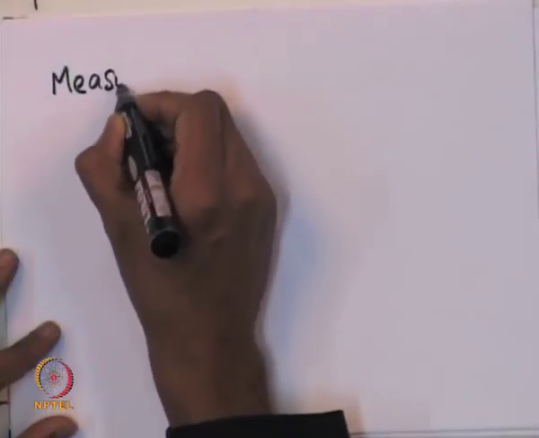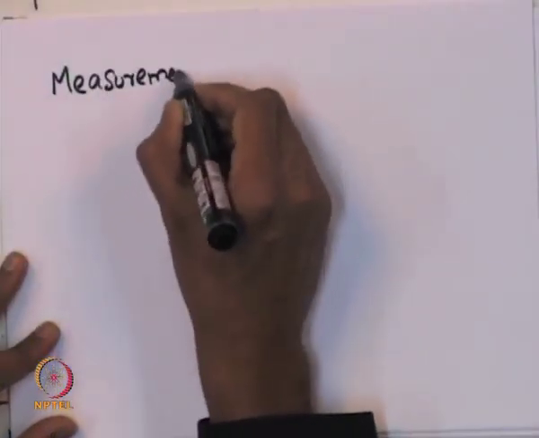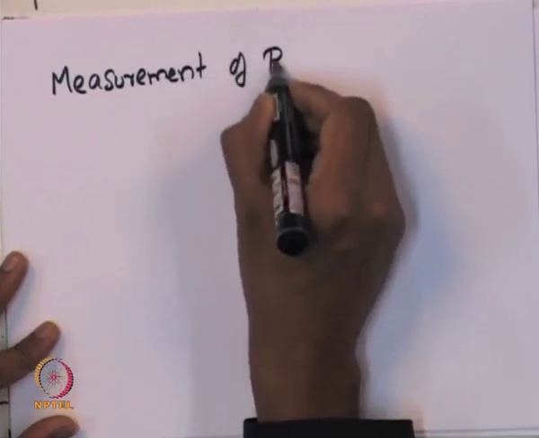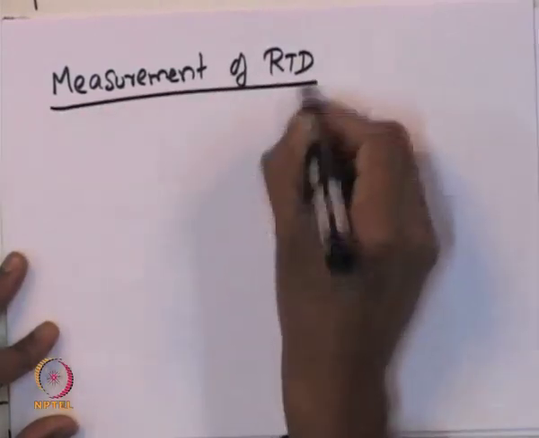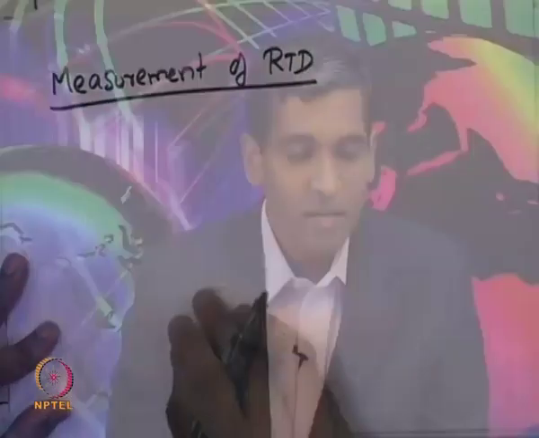So, it is actually possible to measure the residence time distribution, and in fact, it is experimentally determined using what is called a tracer.